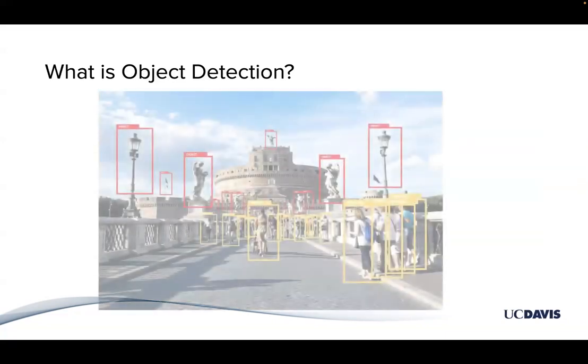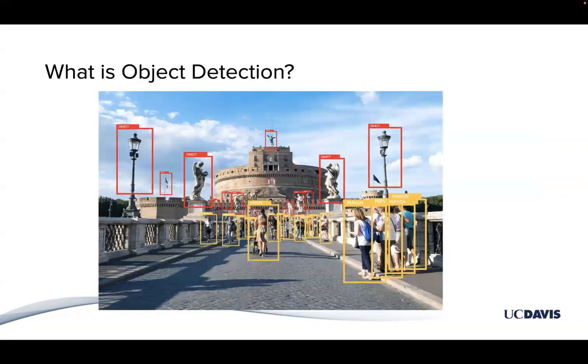So image classification involves assigning a class label to an image, whereas object localization involves drawing a bounding box like this around one or more objects in an image. Object detection is more challenging and combines the two tasks: drawing a bounding box around each object of interest in the image and assigning them a class label.